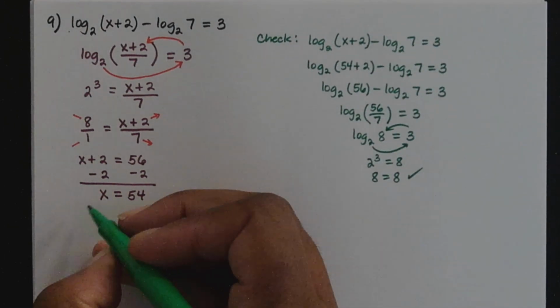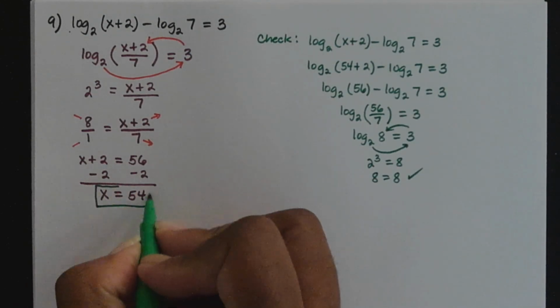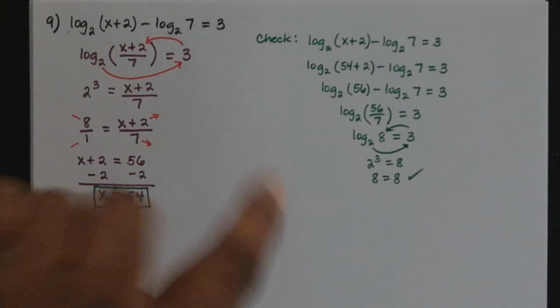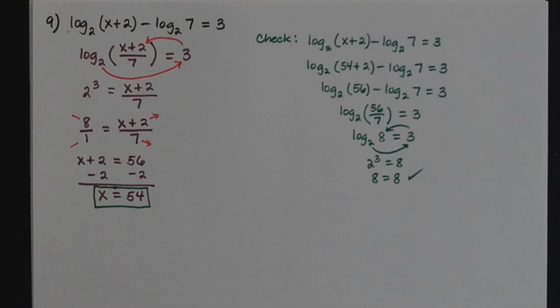So we can conclude that x equals 54 is the solution to that logarithmic equation. Are there any questions about problem number 9? Solving and checking the proposed solutions.